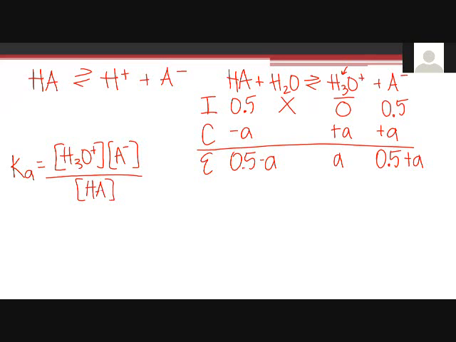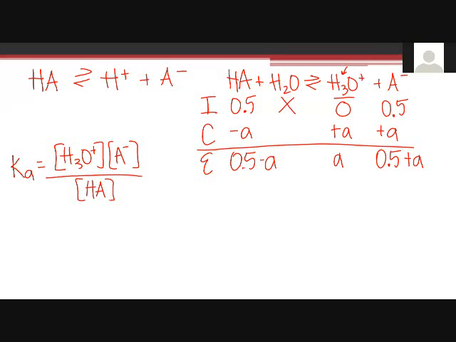to solve for the Ka value that we need. And so when we plug it in, we are able to make assumptions because we know that since it is a weak acid, not very much of it will dissociate. So we can assume that A will be so small that it won't really change when we subtract or add it.